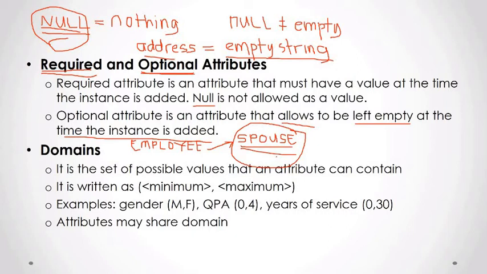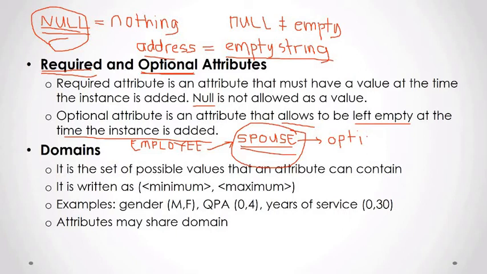When the employee is single, this is empty, so this is allowed to be empty. But when the employee is married, then you fill this up. So in this case, this particular field should be optional. Meaning, it says here allowed to be left empty, but it doesn't mean it's always empty.